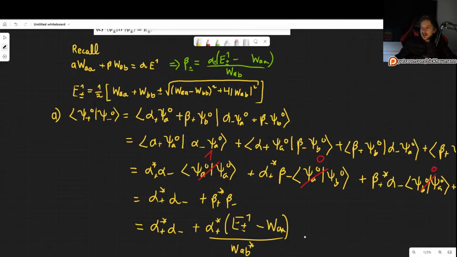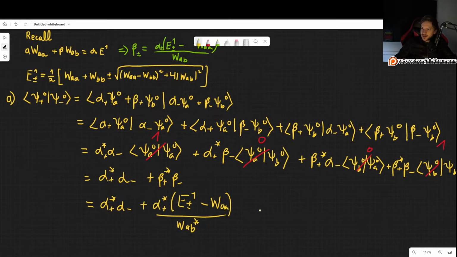Okay, then we have beta minus. So in beta minus, we get alpha minus E, oh, sorry, I put E plus minus, this is of course E plus, that doesn't make sense. Then we have E minus WAA, and then divided by WAB.